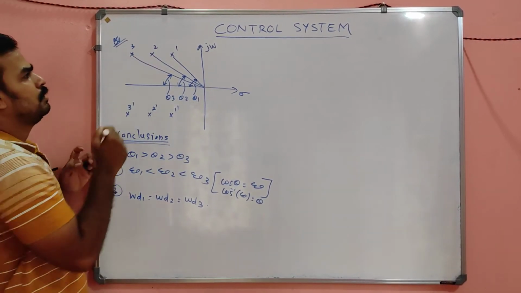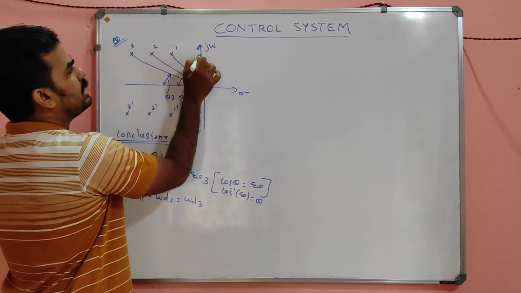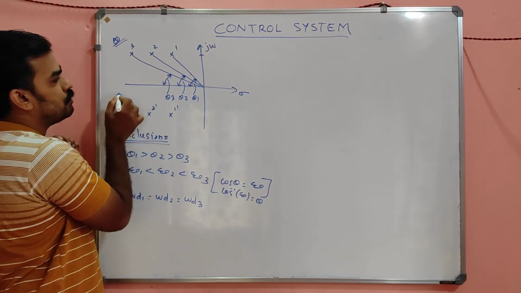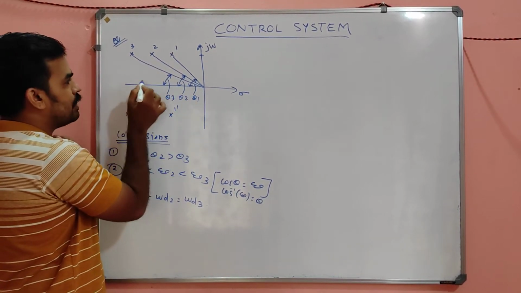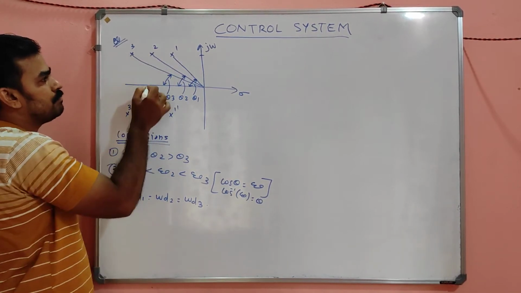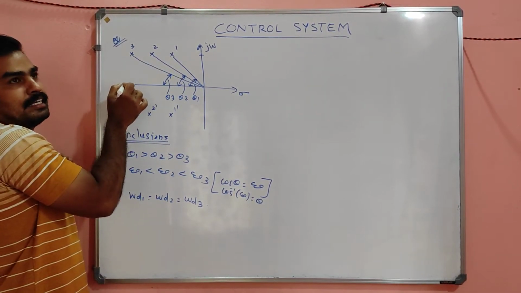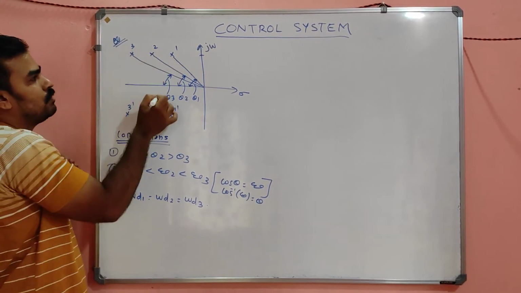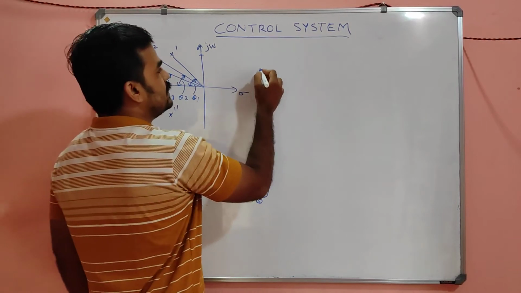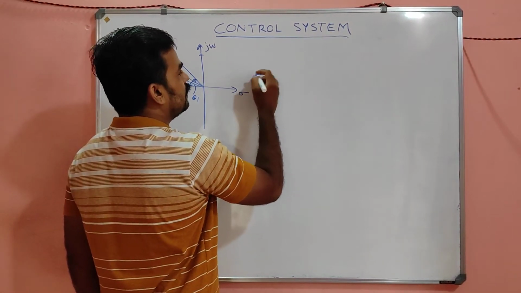How can it be obtained? Because it is a straight line now. This all lies here. Only sigma 1, sigma 2, sigma 3 are changing. The sigma values change with respect to each pole. This is for sigma 1, this is for sigma 2, and this is for sigma 3. That is minus zeta omega n, that is only here. But omega d, this is actually what, my dears?